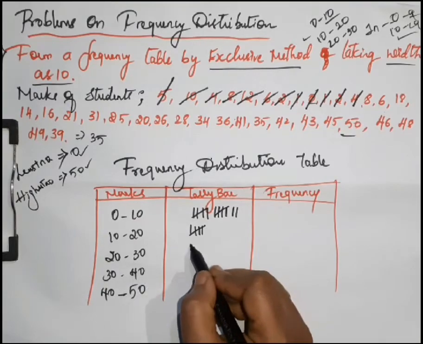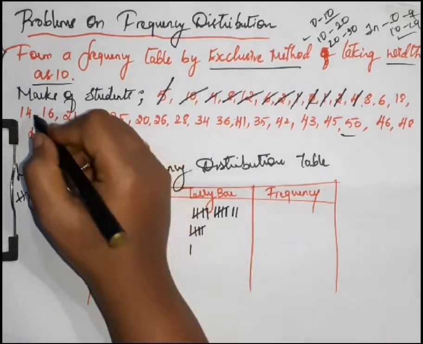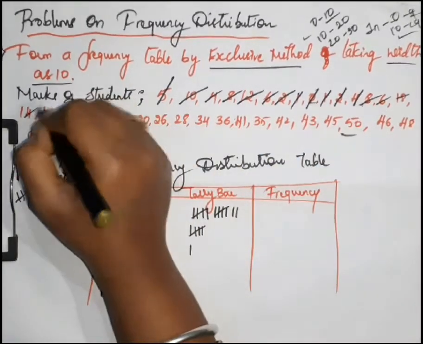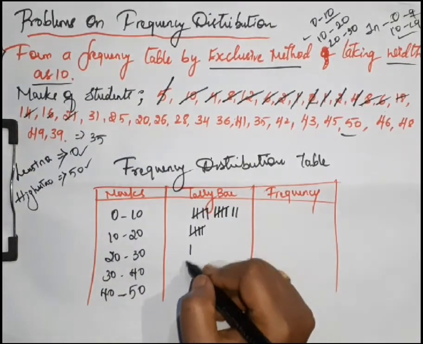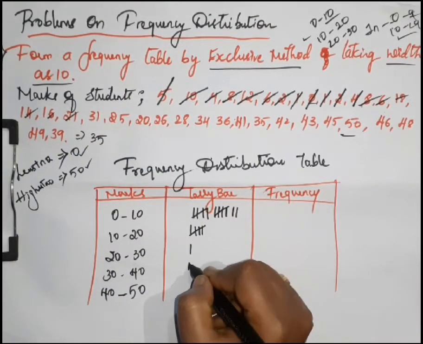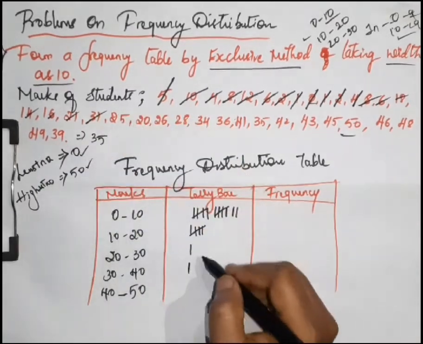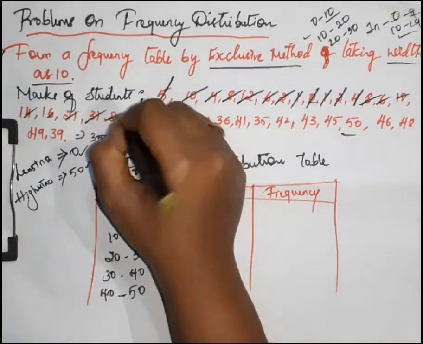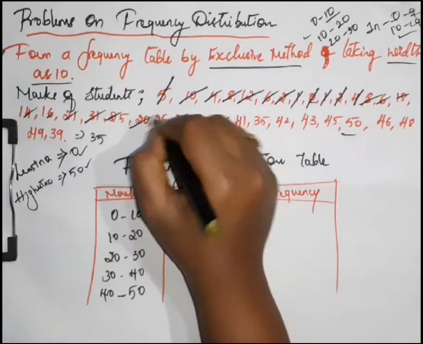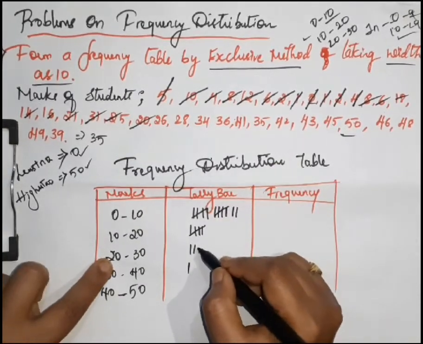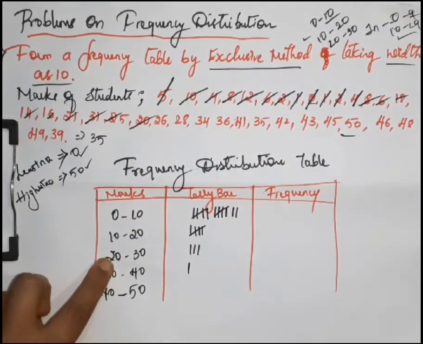21 will come in the third class interval. We have 31, which will come in the fourth class interval. Then we have 25, it will come here. We have 20, we have to consider it in the third class interval as we are excluding the upper limit.